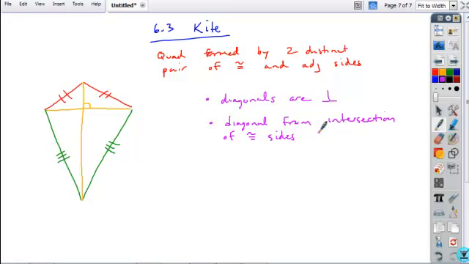What does it do to the other diagonal? It's going to bisect that other diagonal.